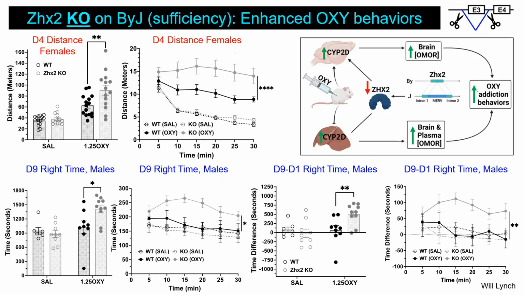Across time, you can see beautifully there's an increase in time spent on the drug card side. If you do the subtraction measure, you also get a significant interaction. It shows increased preference in the knockout males. And then finally, across time, this is looking again at the subtraction data. So we're very confident in this result, and Will is very happy to have gotten something from testing this many mice.